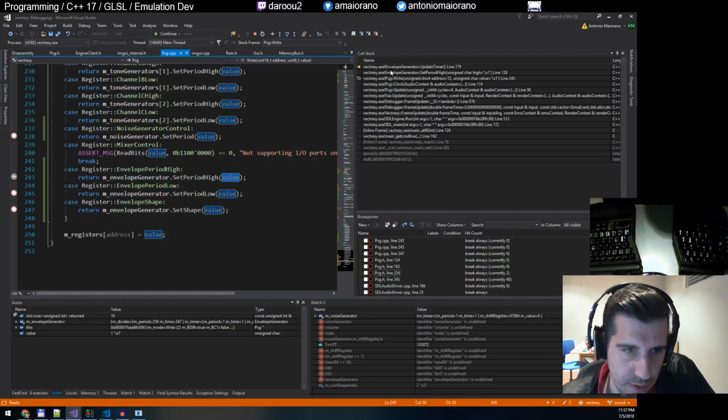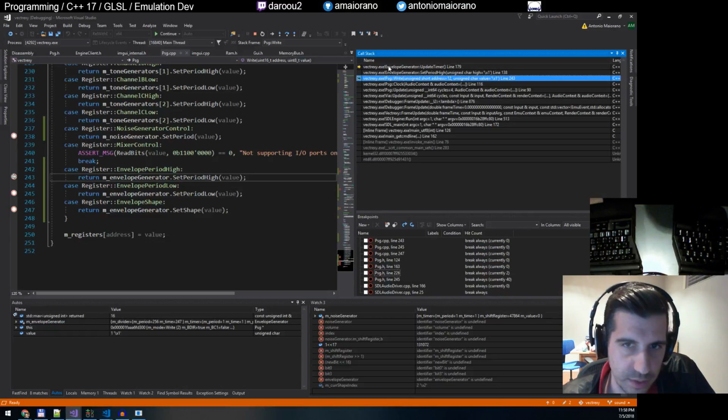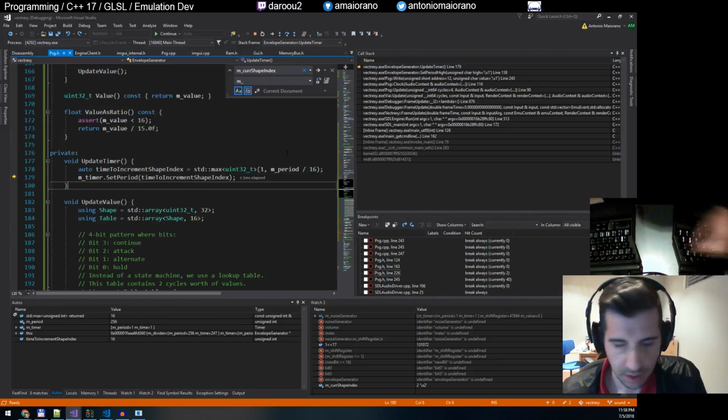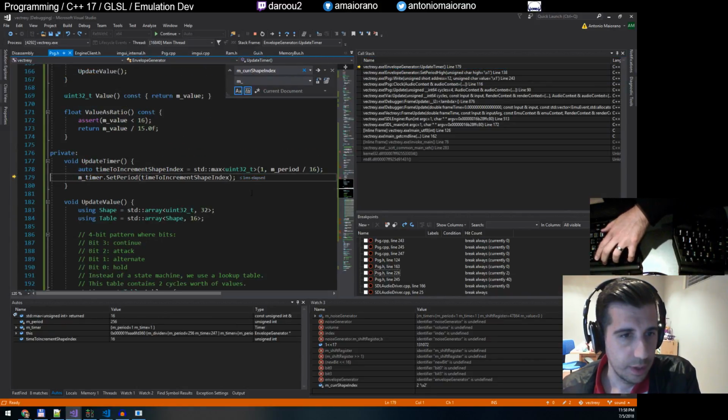Passed in 1 here, which is 256 when it's shifted left by 8.